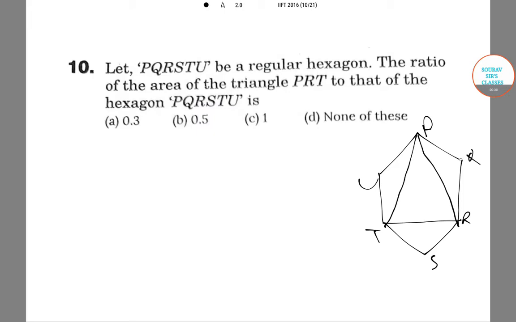Now let the side of the hexagon be x units.